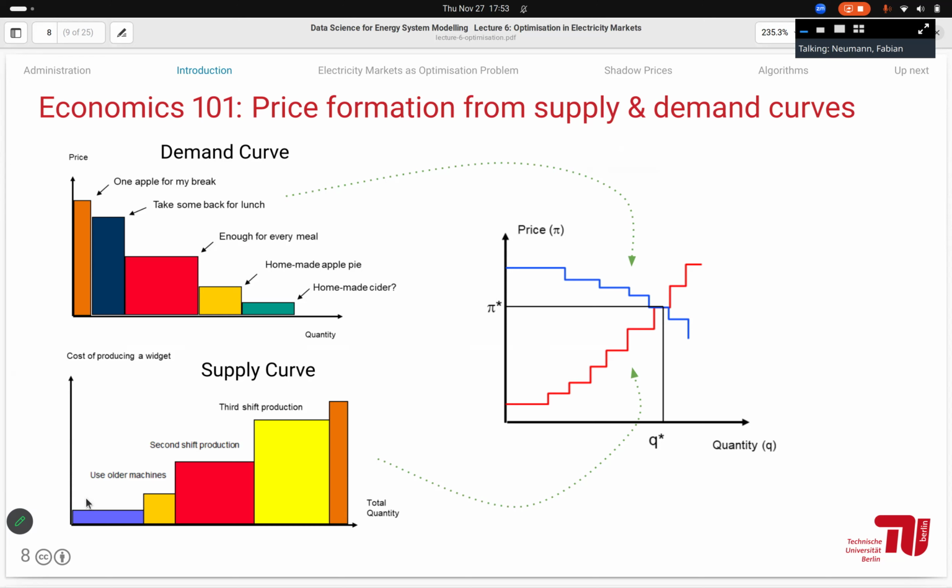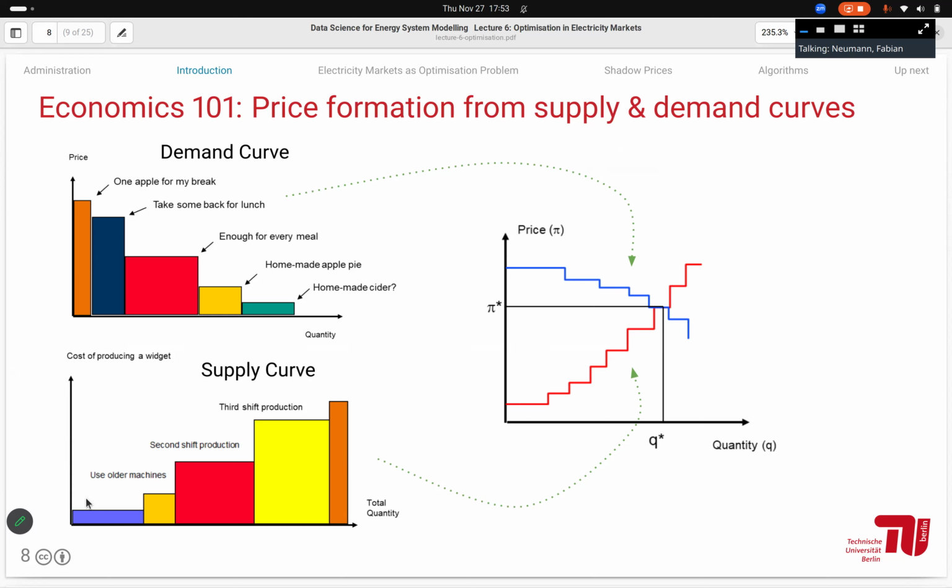But then at some point you need to go to other providers of this material that you're using, and you have to pay a higher price. So it's the same as in the power system. The first few units of electricity provision may be cheap. You have some low marginal cost generators, but at some point, if your demand gets very high, you might have to pay for expensive gas turbines.